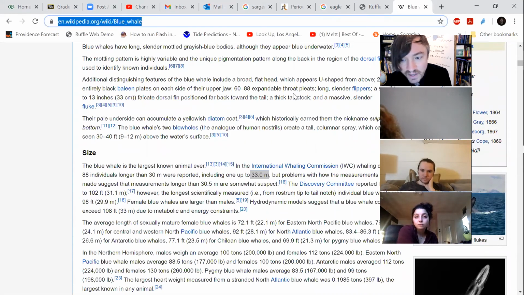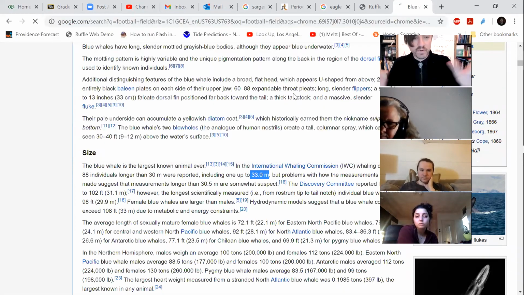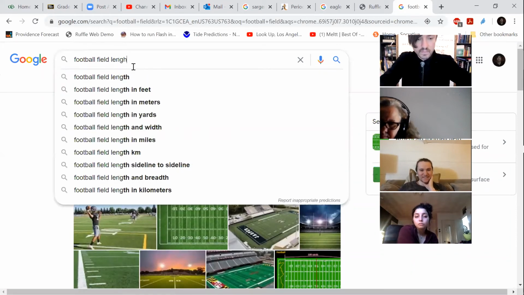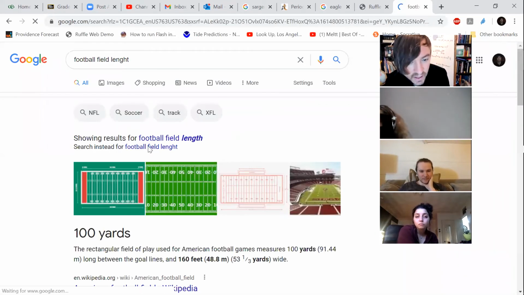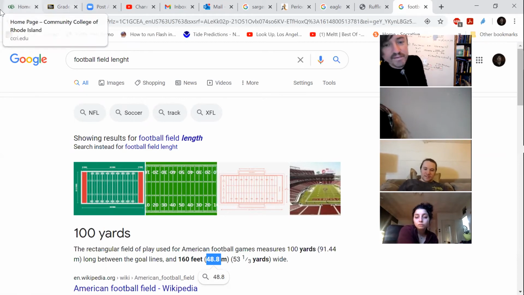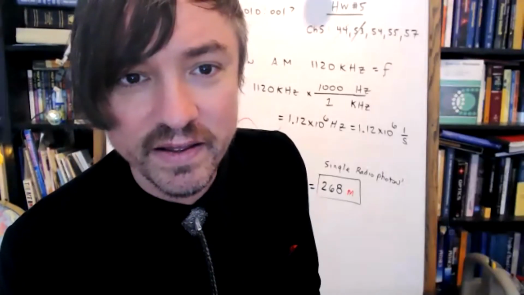You'd have to have like 20 blue whales. What about, how long is a football field? I have no idea. Any sports shit. It's like 300 feet or something. 100 yards. 50 meters. So literally this thing is like 5 football fields long, a single radio photon.